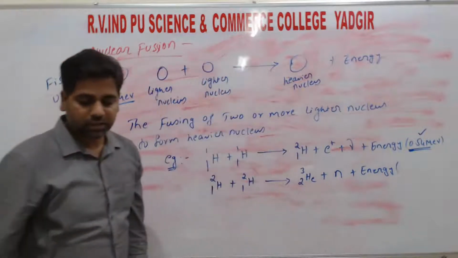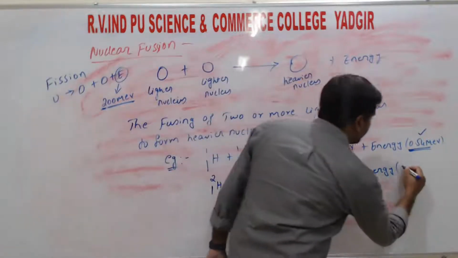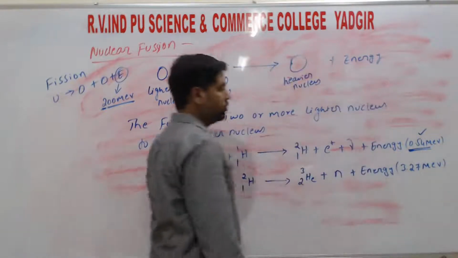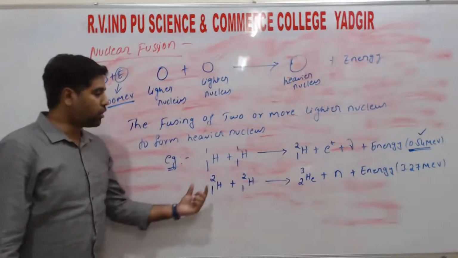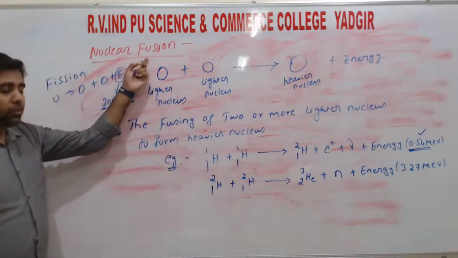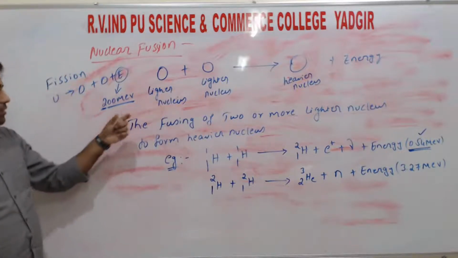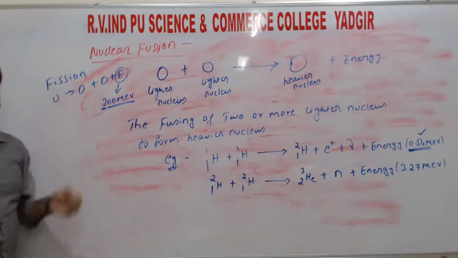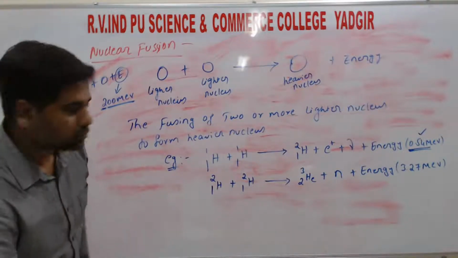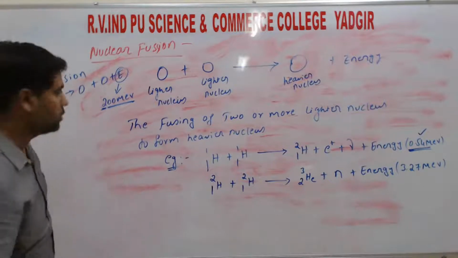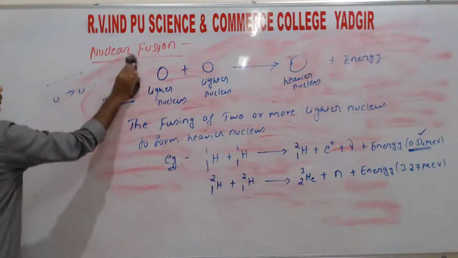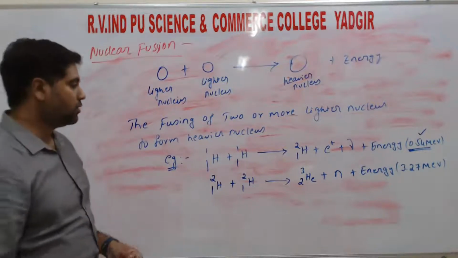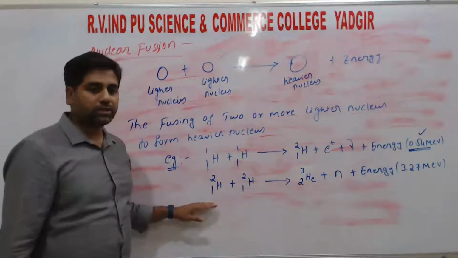Here the energy released is 3.27 mega electron volt. So for one fusion process, the energy released is very little compared to the energy released in the fission process, right? So these are the two examples.